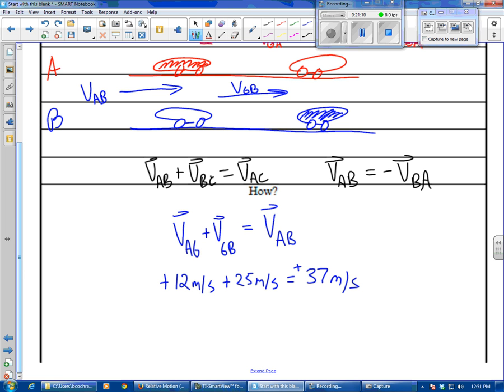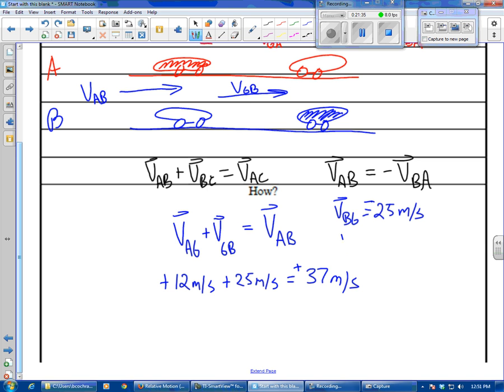It's 25 because the velocity of B with respect to the ground is 25 meters per second, negative, sorry, because it's moving to the west.